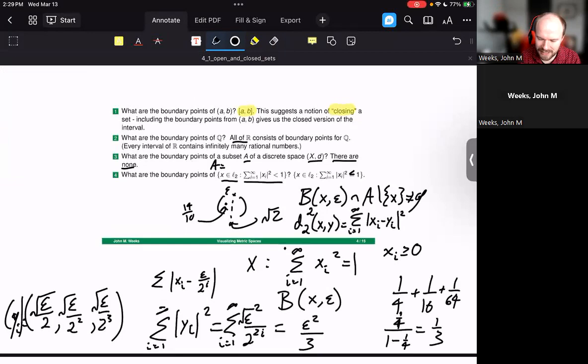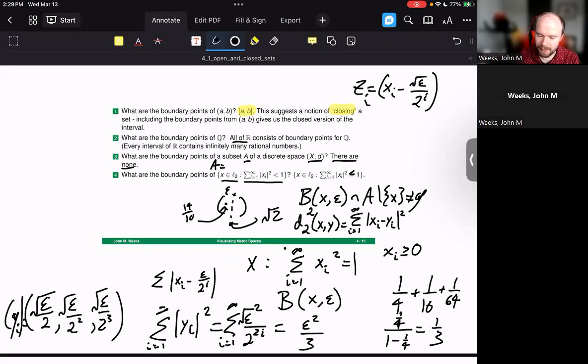But otherwise, I'm going to be taking a look at my value z sub i, which is going to be x sub i minus these values of the sequence, something like the square root of epsilon over 2 to the i. Well, if this is how I define my z sub i, then I am really close to my x sub i. Again, let's assume that our x sub i is greater than or equal to 0, so that when I'm doing something like this, I'm not that far off from the value of x sub i here.